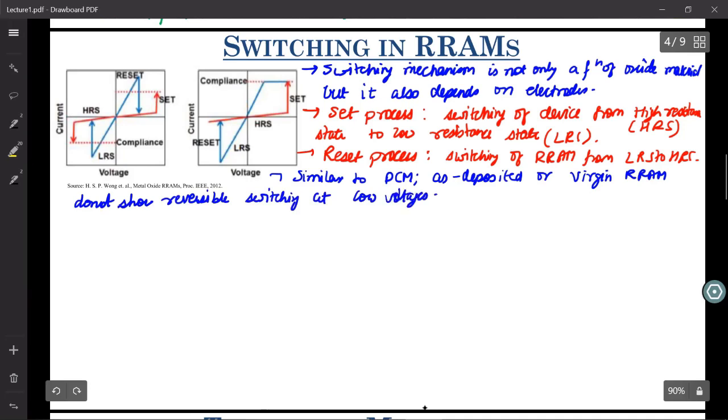So in your PCM, you had that ohmic threshold switching, because of which you were able to increase the current and heat the device and crystallize it. Here also, your as deposited or virgin oxides will remain in the insulator state.